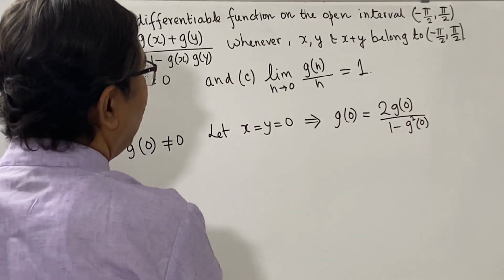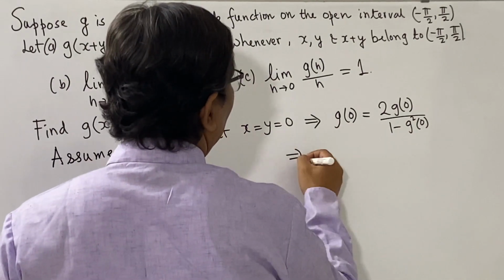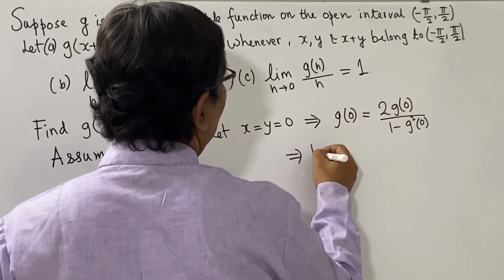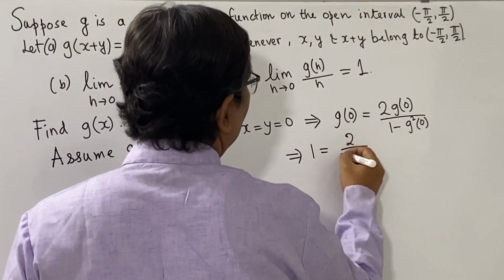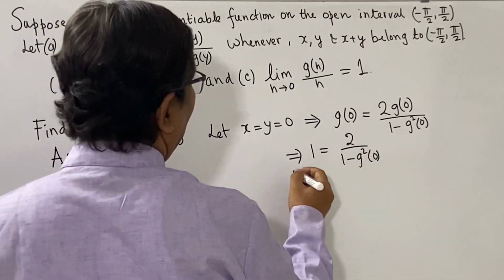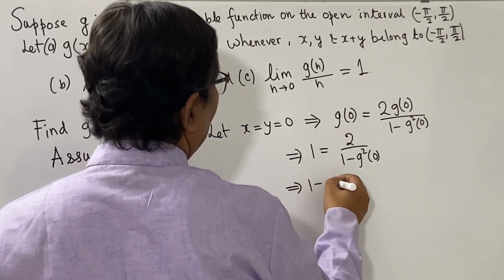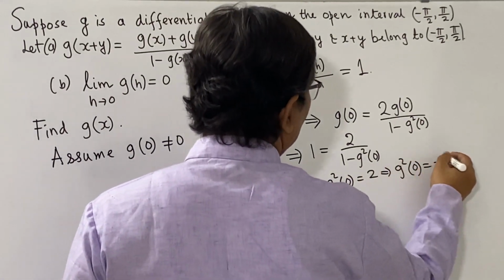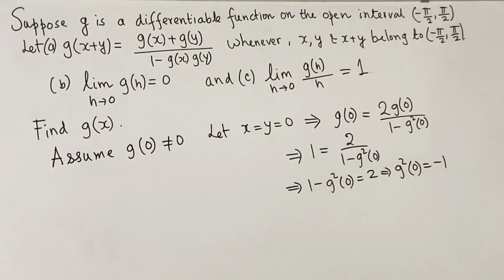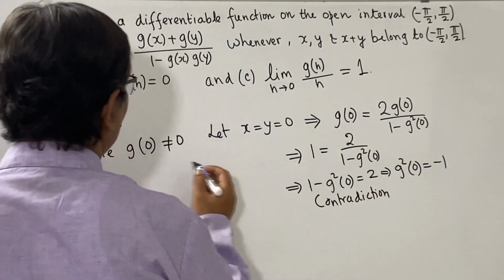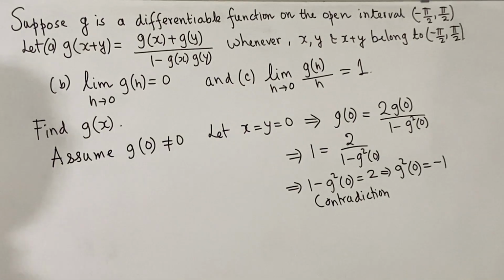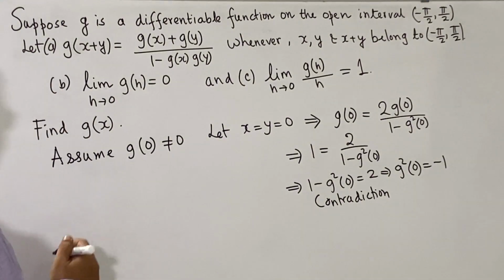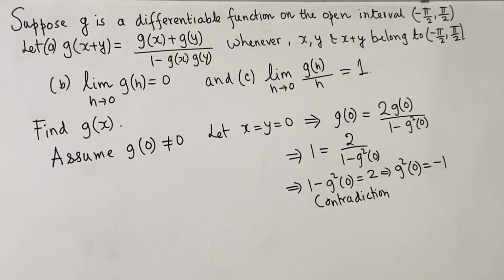Since we have assumed that g0 is not equal to 0, we can cancel g0 on both sides to get 1 is equal to 2 by 1 minus g square 0, and this gives us 1 minus g square 0 is equal to 2, or g square 0 is equal to minus 1, which is not possible because g is a real valued differentiable function, and therefore g square 0 has to be positive. So we have arrived at a contradiction to the assumption that g0 is not equal to 0. Thus we can conclude that g0 is equal to 0.